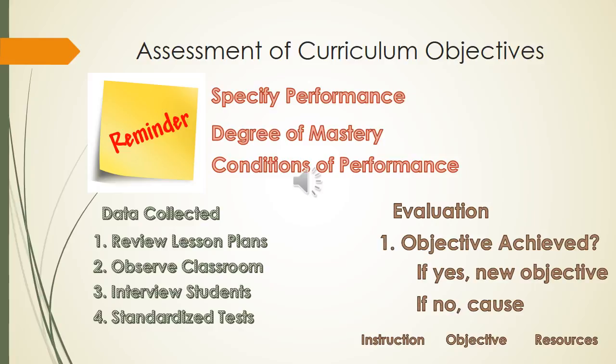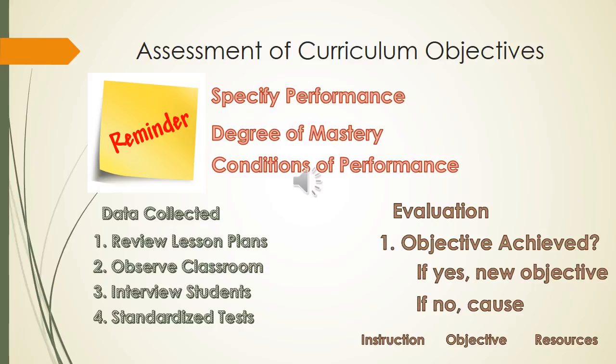If yes, a new objective is outlined. If no, then we look for the cause, and that could be instruction. It could be the objective itself, it was poorly defined, or there weren't enough resources in order to achieve that objective. So when I'm doing a limited evaluation of the curriculum, I'm just looking at the objectives.